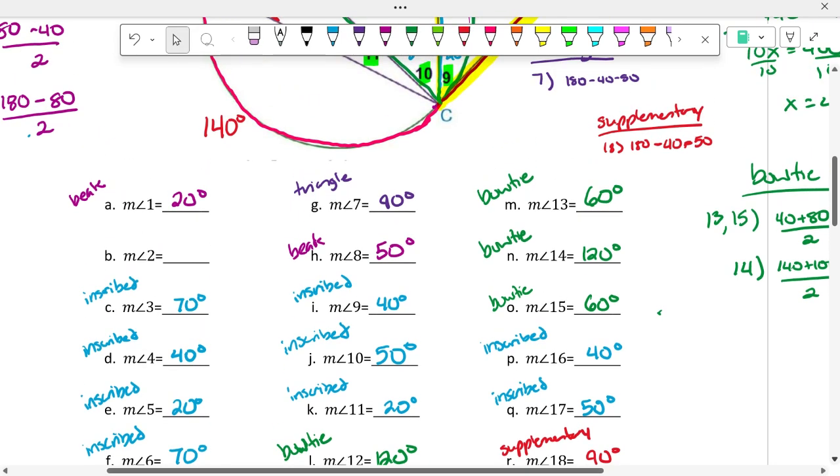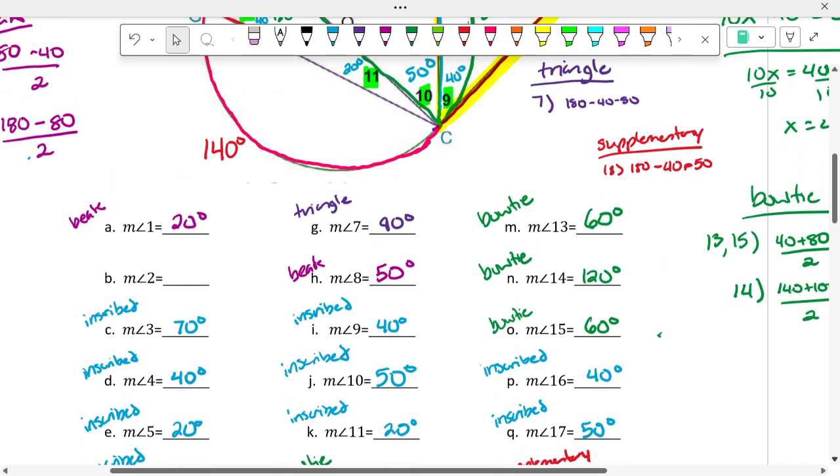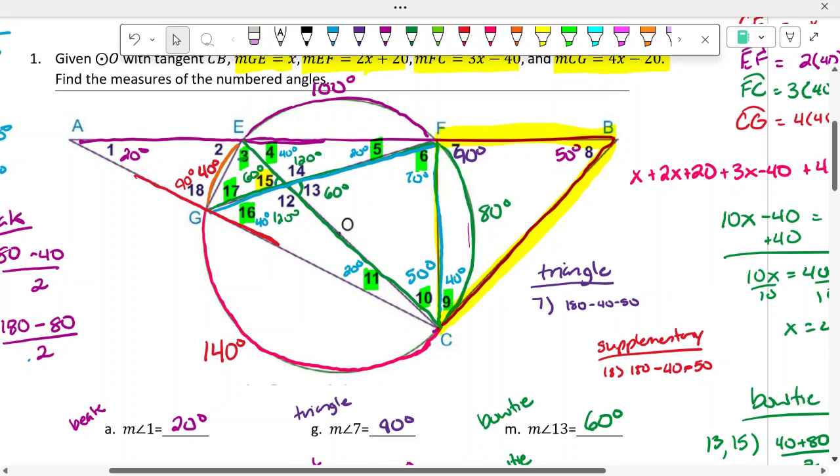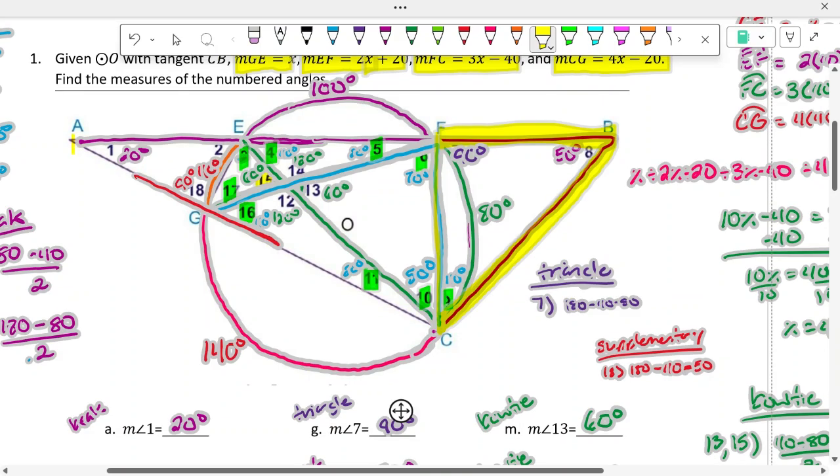You can either use the supplementary stuff again, or what's true about angles 1, 18 and 2? They form a triangle.